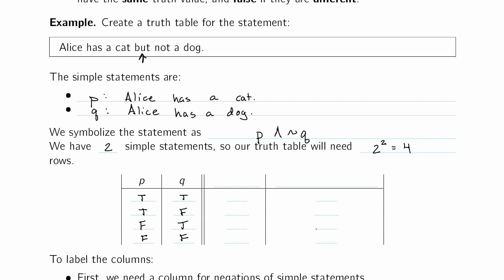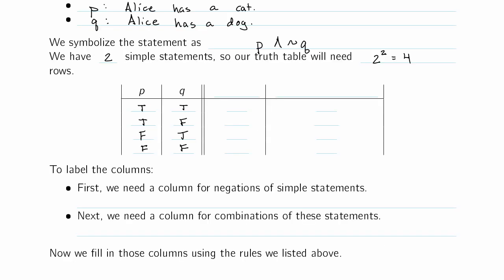We'll need columns for every step so that we can show every step of our calculation here. The simplest part of our calculation is negating a simple statement. So looking at our big long statement here, we see that we have a not Q, but we don't see not P anywhere. So we'll have a not Q column.